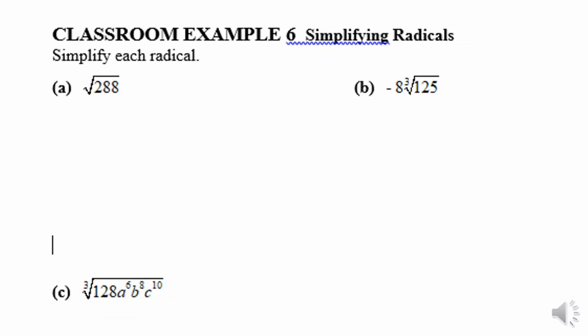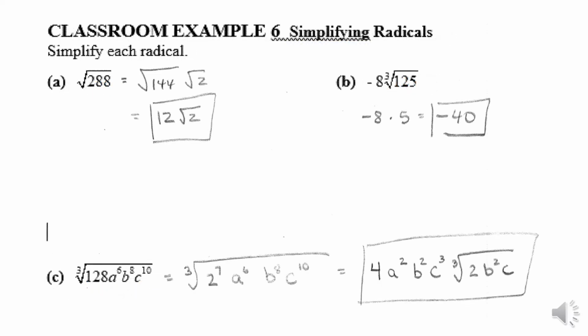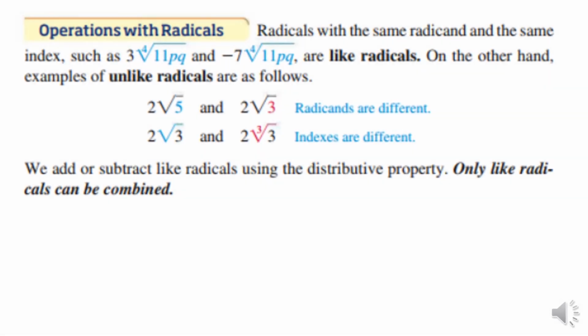There's some more simplification problems. Pause the video and see how you do. Let's see how you did. Only like radicals can be combined, and like radicals have the same radicand and the same index.